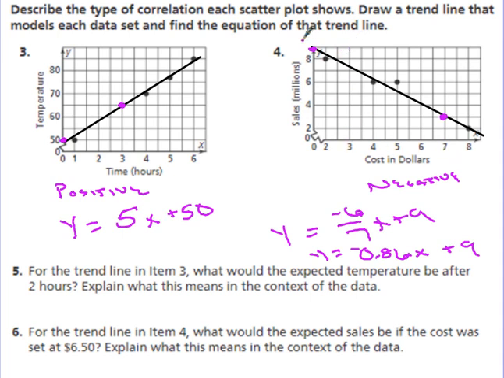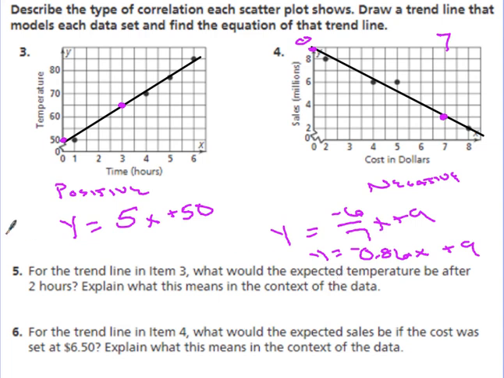But really, I'm going from 0, and then my x is 7, so that's going up 7. If I counted and I didn't recognize a change in the graph, it wouldn't have worked this way. I wouldn't have had an accurate slope. So I go from 0 to 7, which is a change of 7. Okay. So slope was negative 0.86, and then I started at 9, so there's my equation.